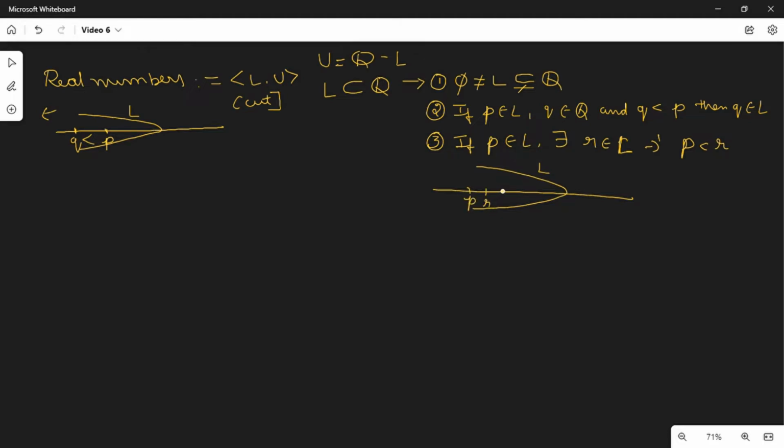If we have R, we must find one more element greater than R, then one more element, then one more. There is no end to finding a greatest element in L. So there is no one particular greatest element. So L has no greatest element in it.